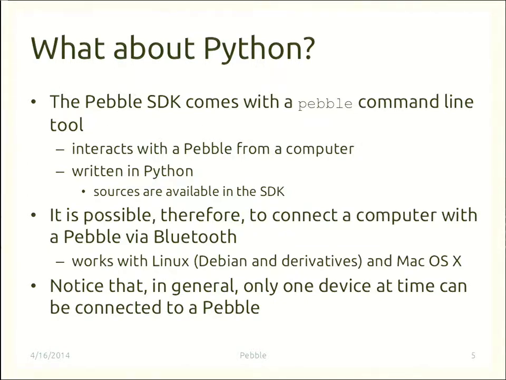If you have a smartphone and a tablet and you connect the Pebble to both, one of the two doesn't work. You can connect the Pebble to the smartphone, and then you have to unpair it from the smartphone and connect to the tablet, and vice versa. The same for a computer. You can connect the Pebble to a tablet to configure the watch, and then unpair it from the tablet and connect it to the computer.